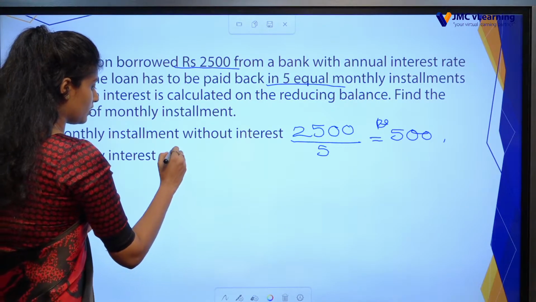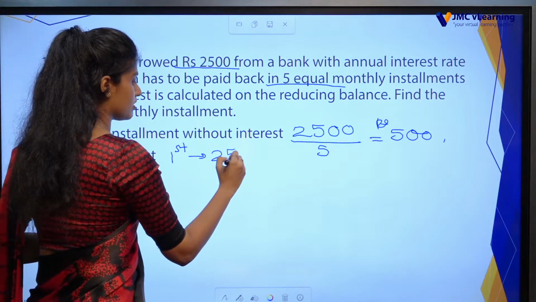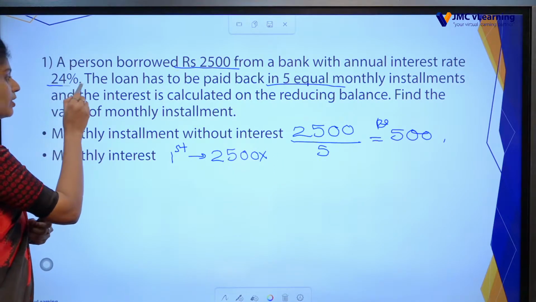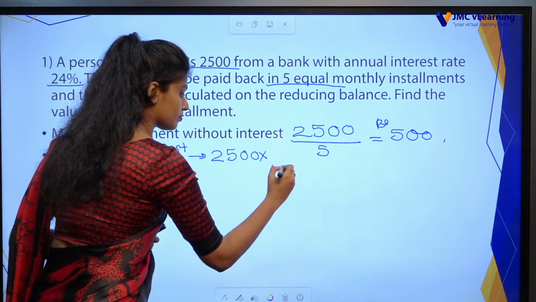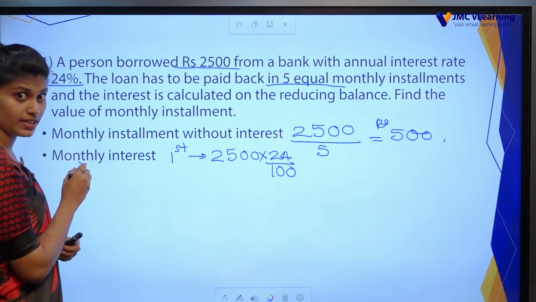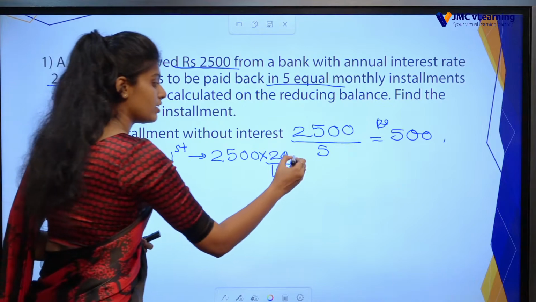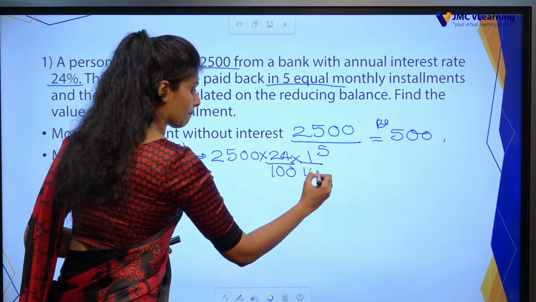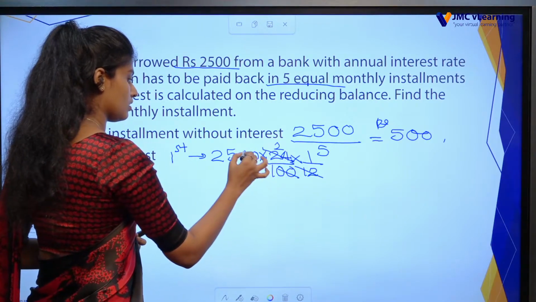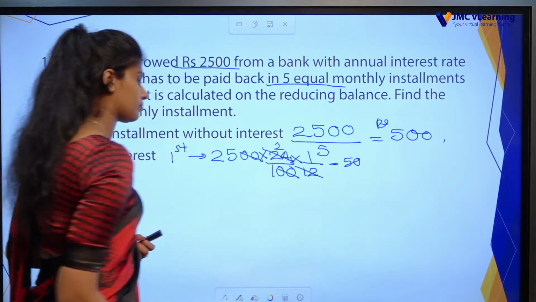Let's take first month. It is 2,500 into the annual interest is 24%. You have to take the monthly interest, so you have to divide this one by 12. Let's take the answer, divide by 12 here, 2. Then 25 into 2 is 50.